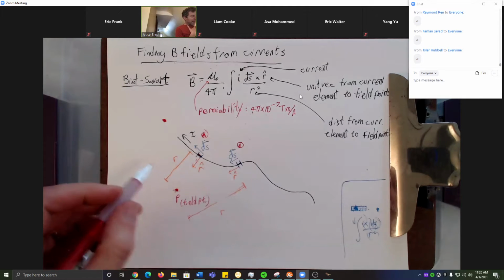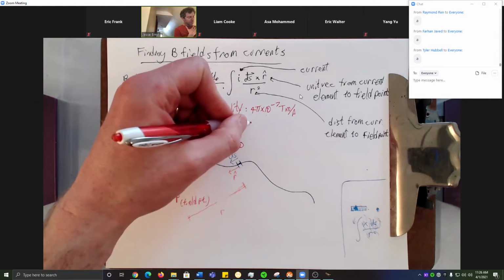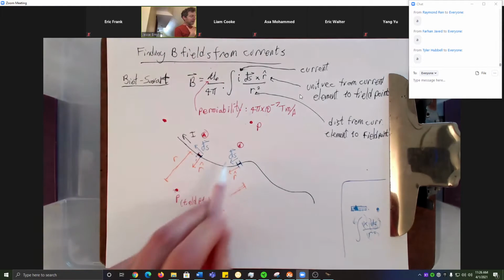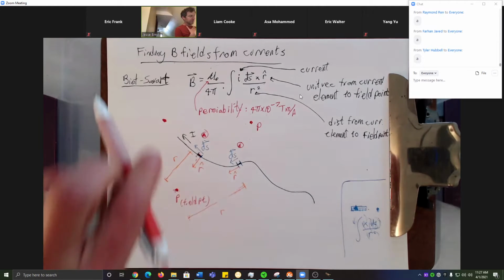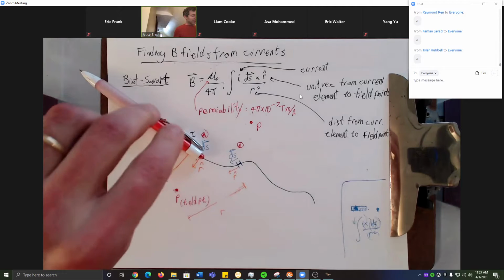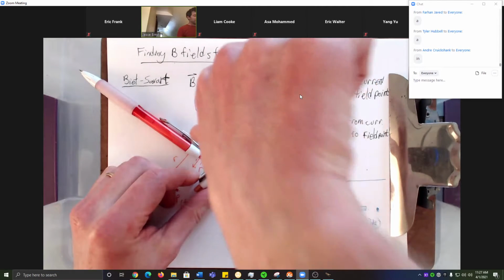Okay, now here's a question. What about over here? What's the direction of the B field here from this element? ds goes that way. Now r hat goes this way. So ds cross r hat is in.